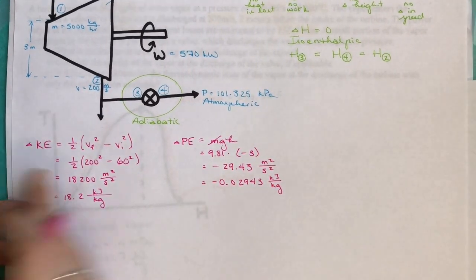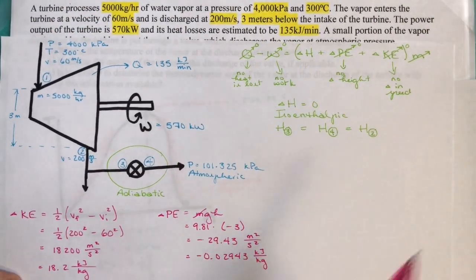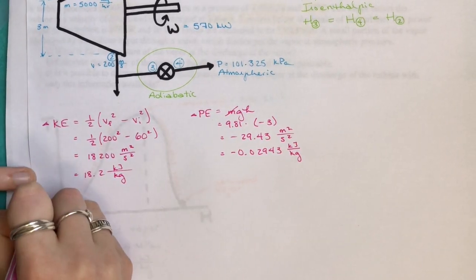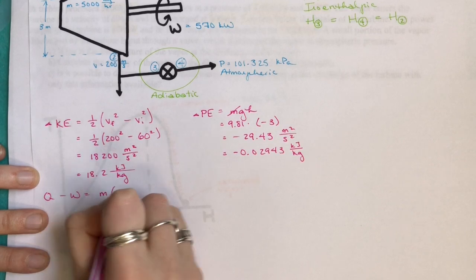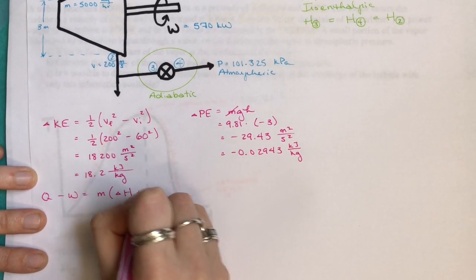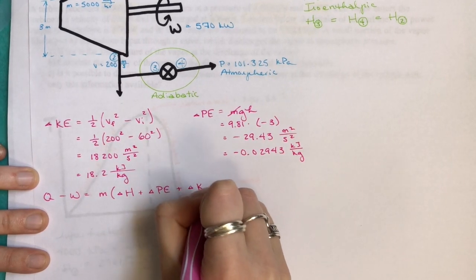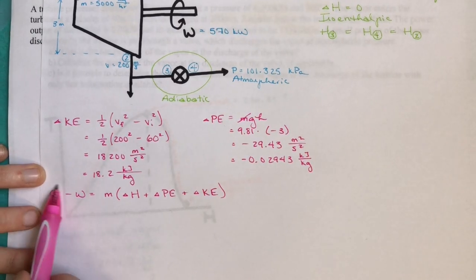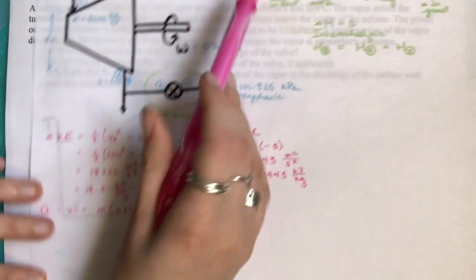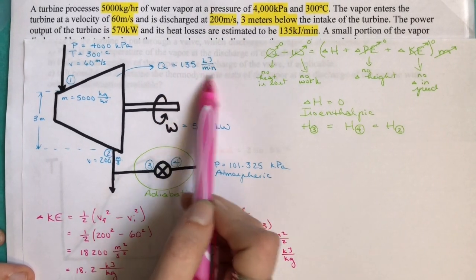Okay, so now we're going to plug these two pieces of information back into this equation. So we see that Q minus W equals the mass times the change in enthalpy plus the change in potential energy plus the change in kinetic energy. Starting first with Q, which we know from up here is 135 kilojoules per minute.